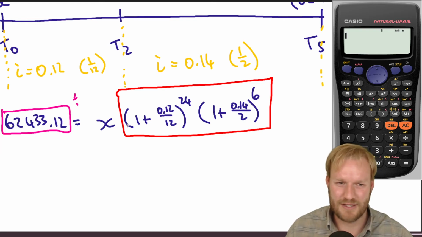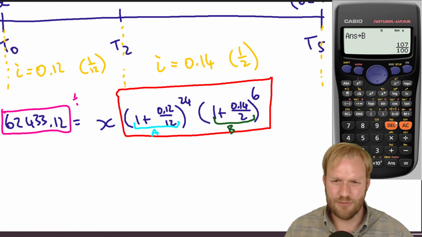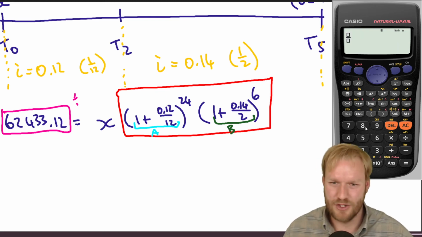Maybe not as necessary, but I'm going to call that bit over there A, and this other bit B. So if I've got 1 plus 0.12 over 12, I'm going to store that in A, and the other part, 1 plus 0.14 over 2, I'm going to store in B. When I'm dividing by those things, it just feels a bit easier to me, but hey, up to you.